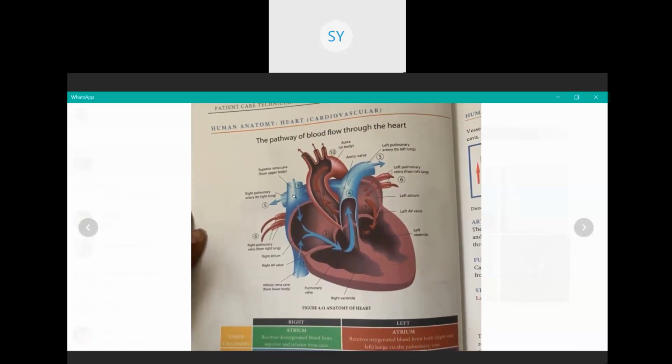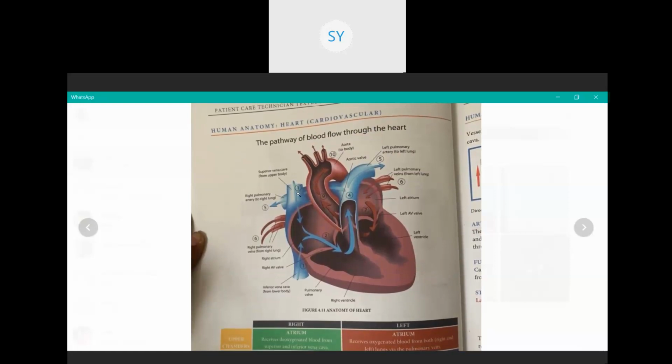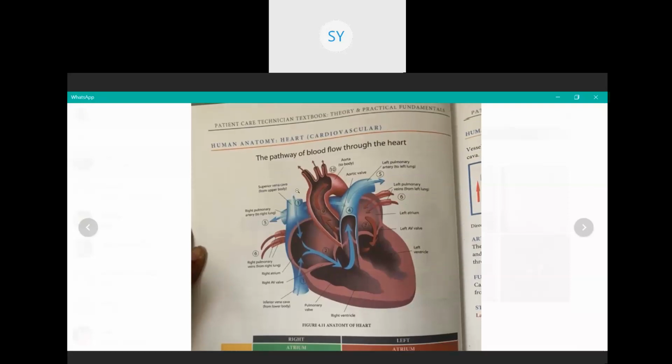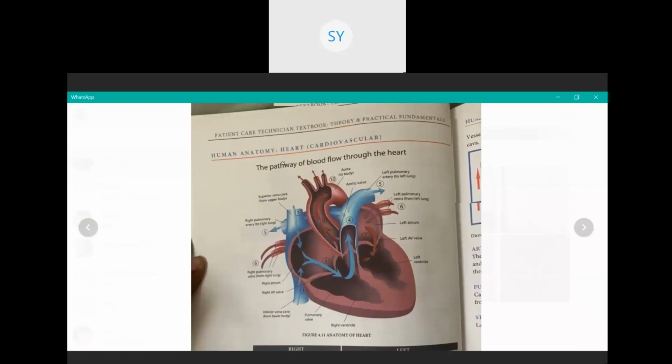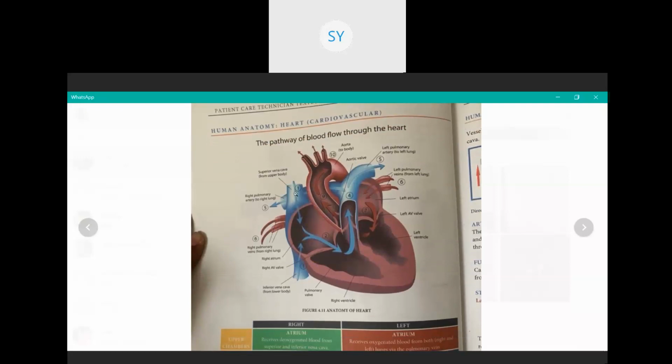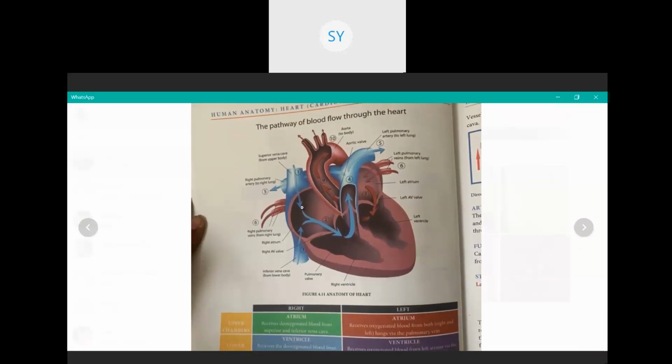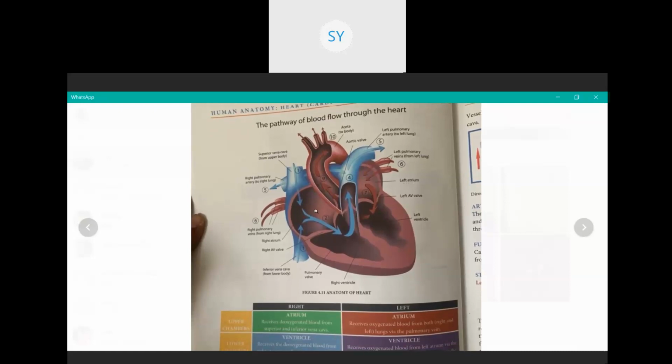This is the largest vein, and we always have two things, a vein and an artery. Veins carry deoxygenated blood and arteries carry oxygenated blood. So this superior vena cava carries blood from the head, neck, and chest. It goes into your heart on the upper section.